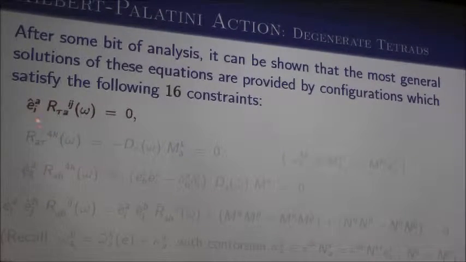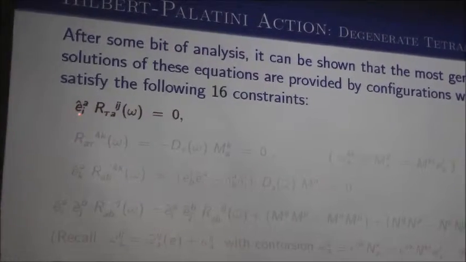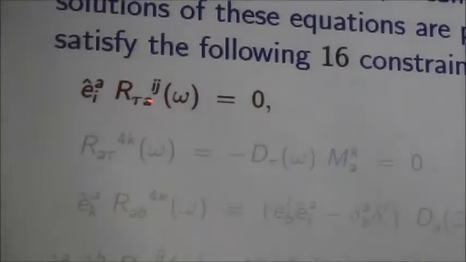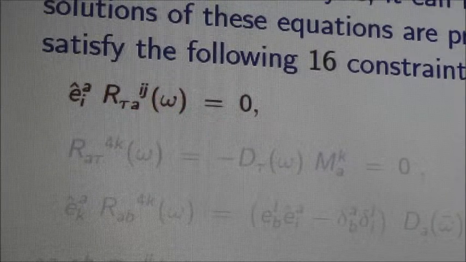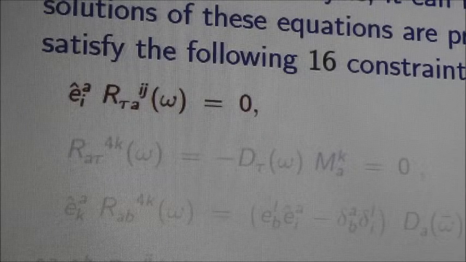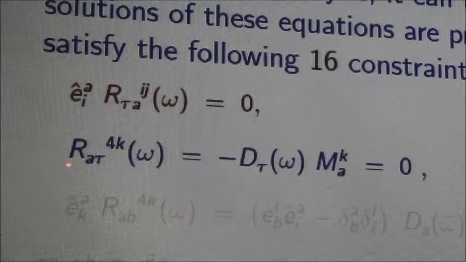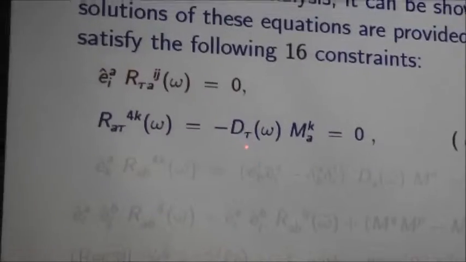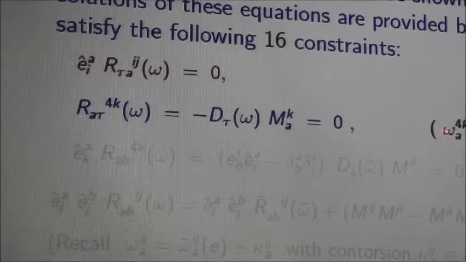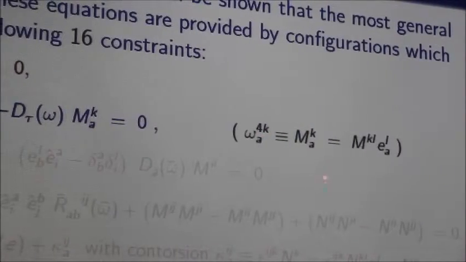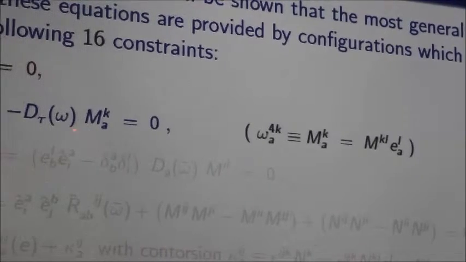First, the inverse triad E hat^{ij} contracted with R_{τA ij} component is 0. The second set of equations is that R_{Aτ 4k}, which is the covariant time derivative of M_{AK}, is 0. M_{AK} was a renaming of the connection component omega_A^{4k}.